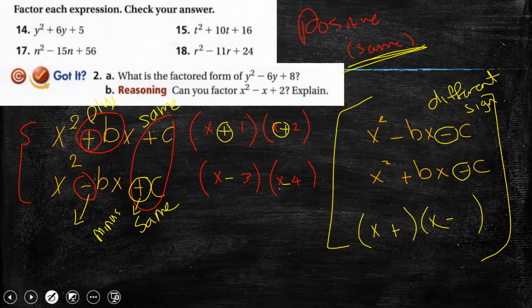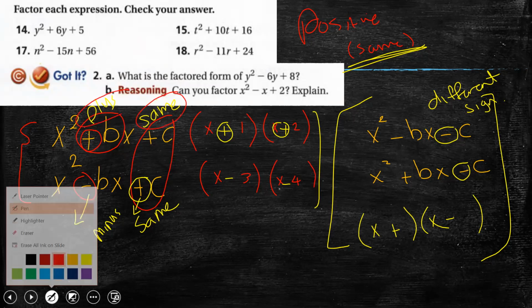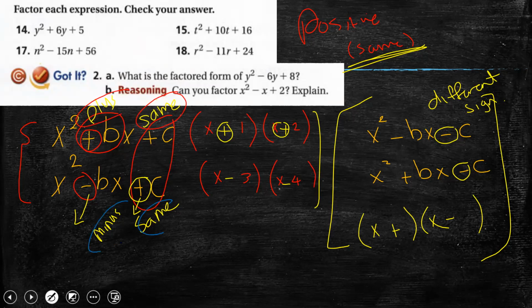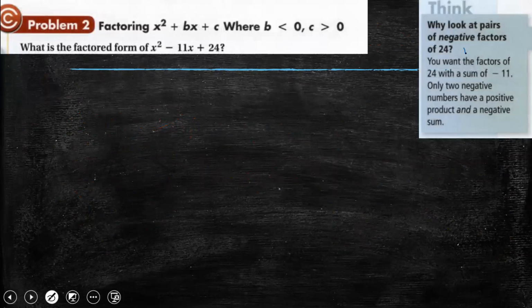In the first one here, we said we have the same. If you see positive C, we must have same sign, could be same plus or same minus. Here, since the sign of C is negative, it means it's different.